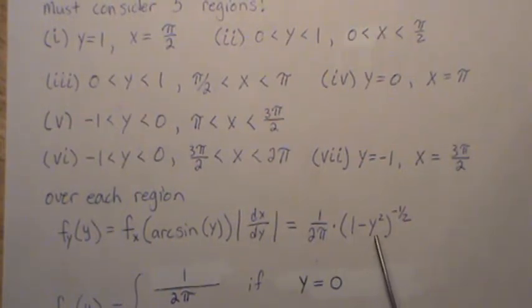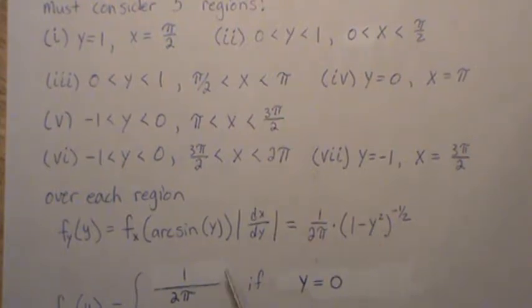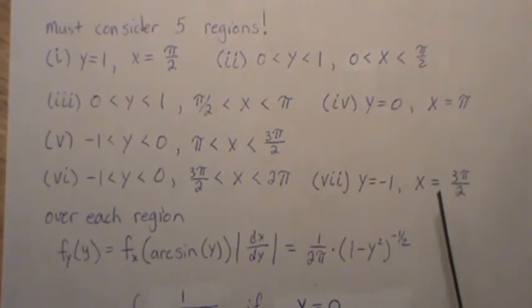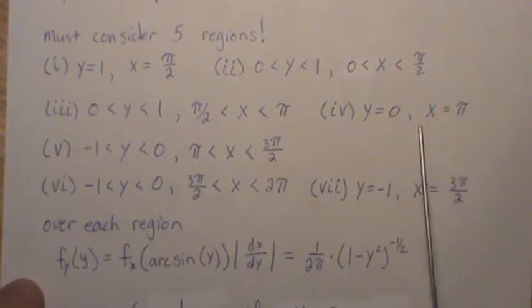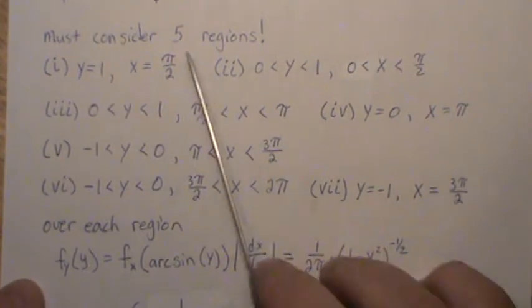Or if you plug in 1 or -1, this is undefined. So f of y is undefined at 1 and -1. But you can plug in 0, which is this region. It's that point.